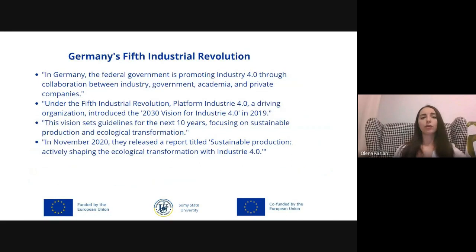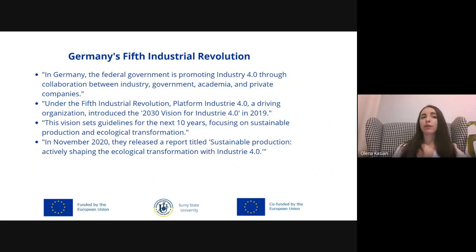So, for example, in Germany, the federal government has taken the initiative in promoting Industry 4.0 through an industry, government, academia collaboration system that includes private companies.